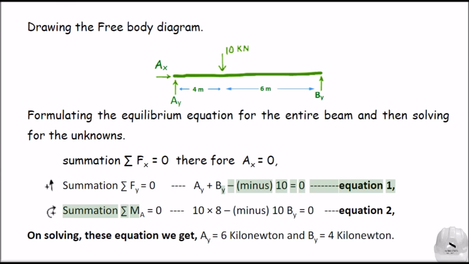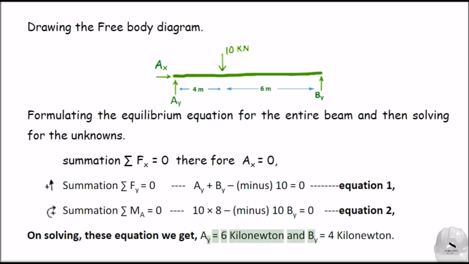Equation 1. Summation MA equals 0: 10 times 8, minus 10By equals 0. Equation 2. On solving these equations we get A.